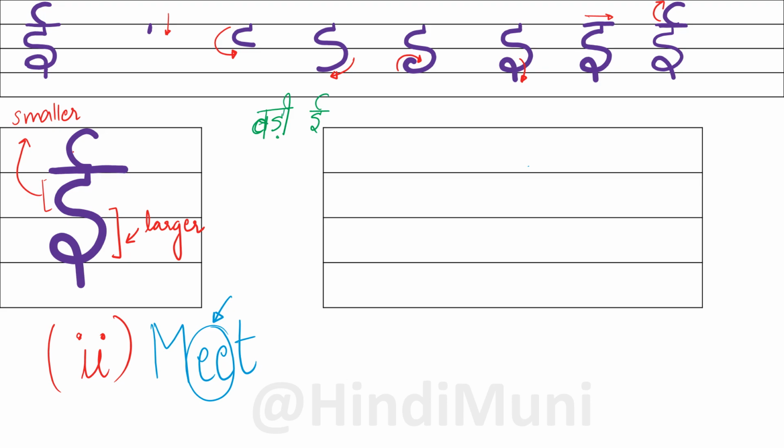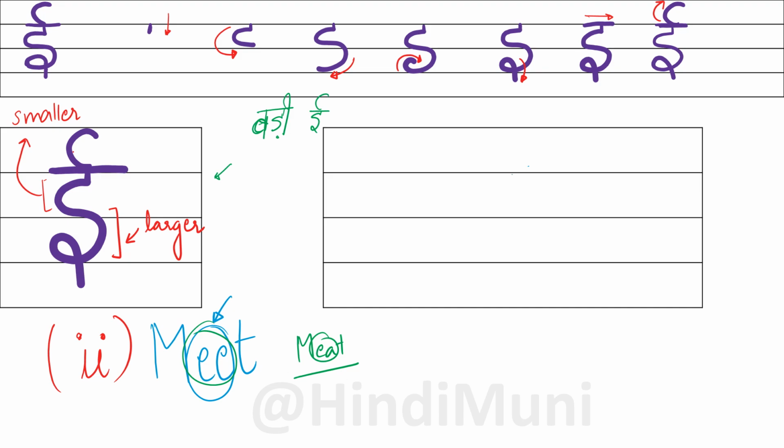Badi E. Now you'll understand how the sound that this makes is E, versus the sound that the previous alphabet makes, which is only E. You can understand it also with the sound that we make when we say the word meat. If you just extend it a bit, this sound is a bit longer. So that is why it is called Badi E or the bigger E.